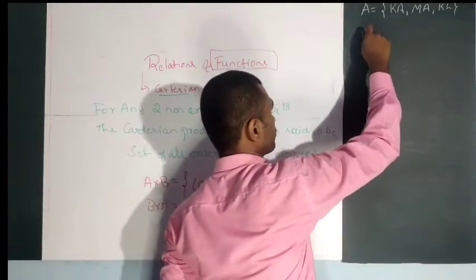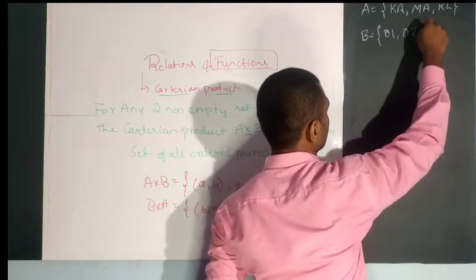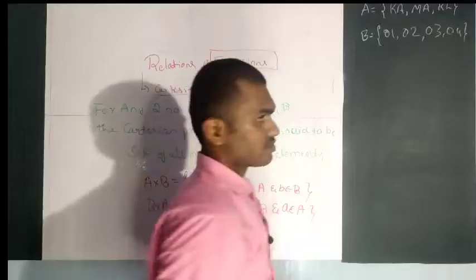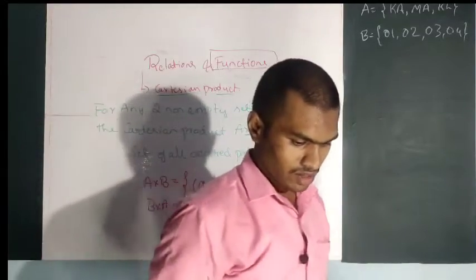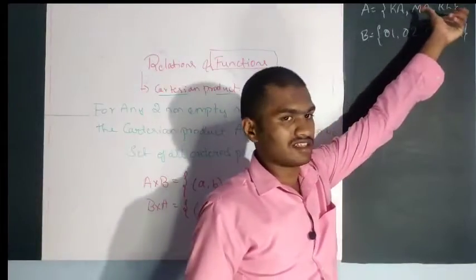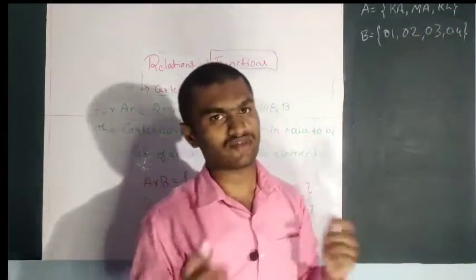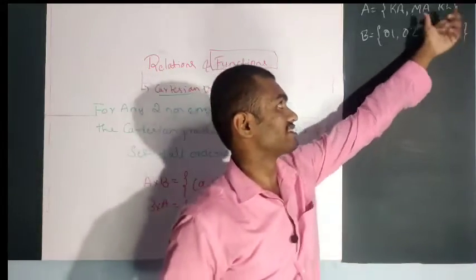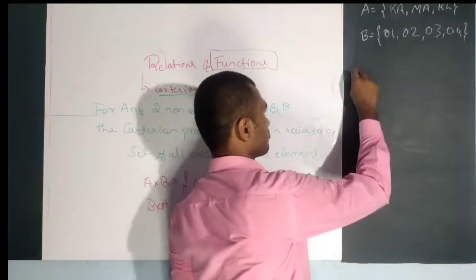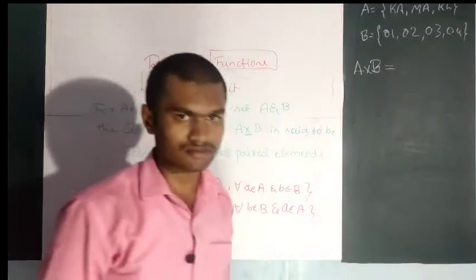Now set B is equal to 01, 02, 03, 04. This indicates the names of the states, and these are the codes given for the registrations of vehicles. Using this set A and set B, define the Cartesian product A cross B.